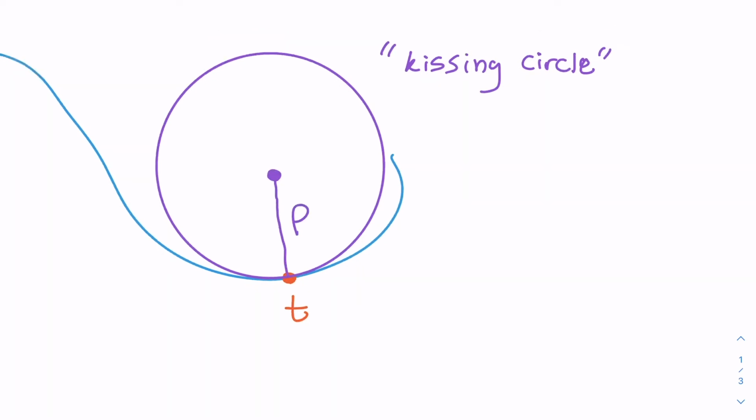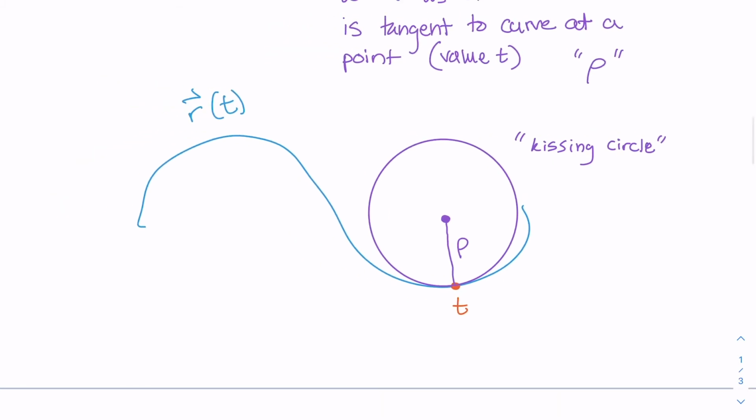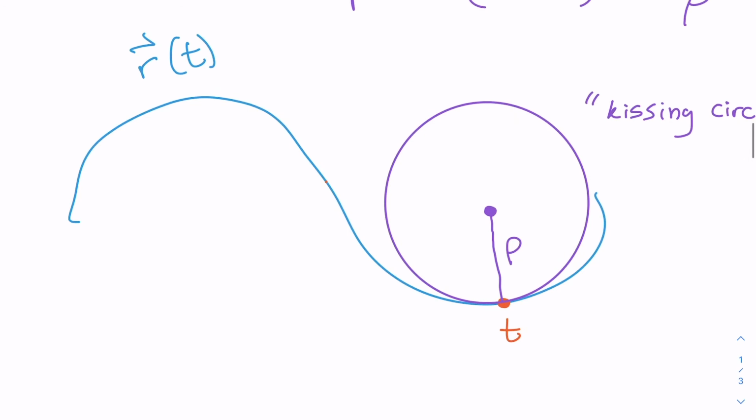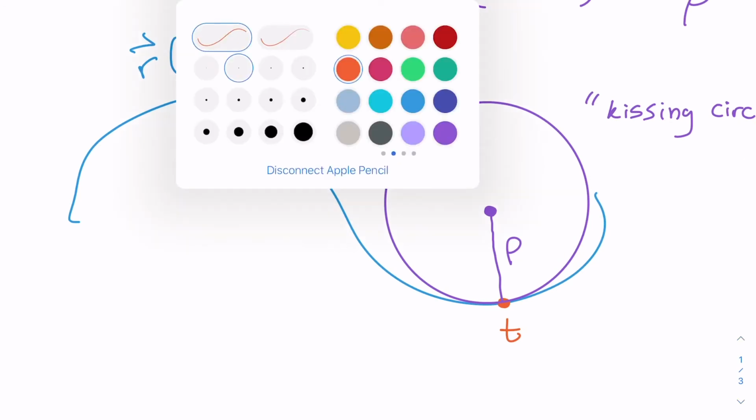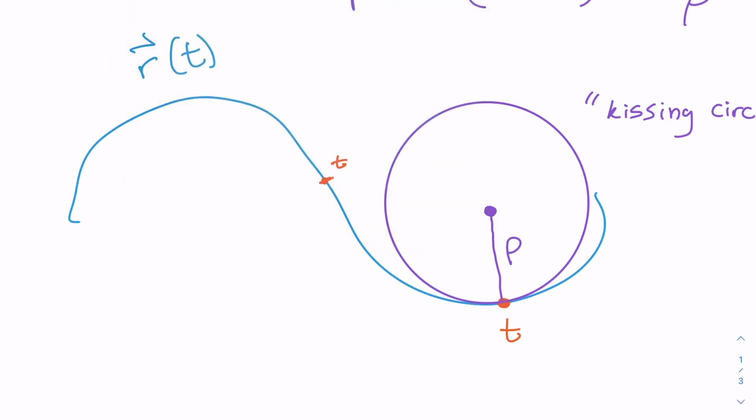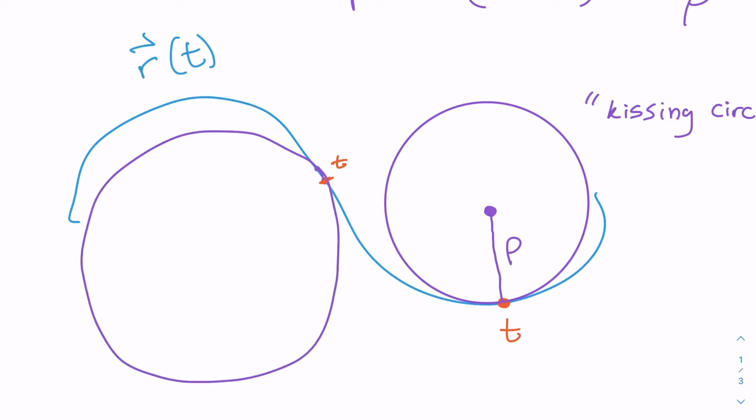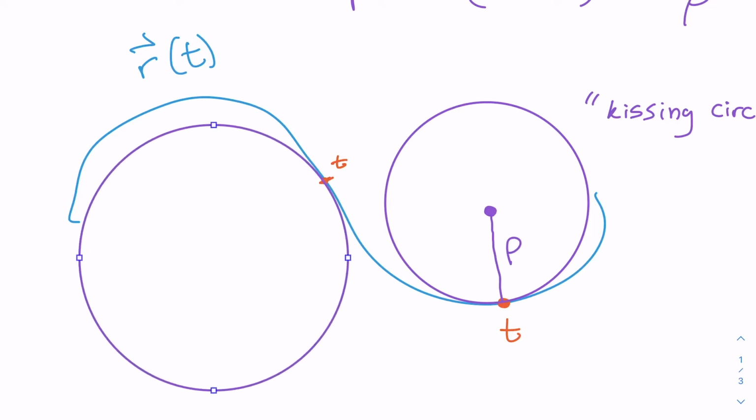And you can imagine at this point for t that the curvature is very low. It's nearing a straight line, so its kissing circle is going to be massive, right? Because it has to have the same local radius. It's probably even bigger than that, right?